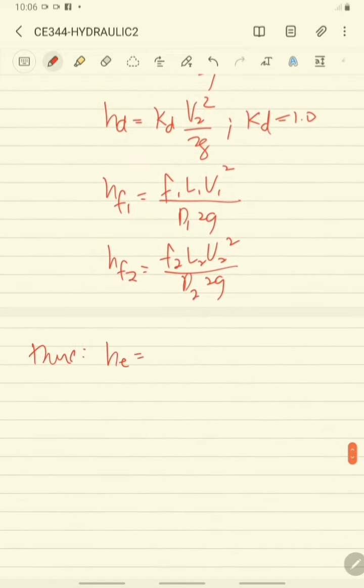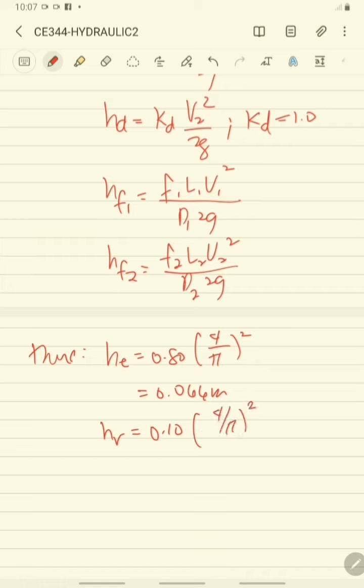So the head at the entrance is 0.80 times 4 over pi squared, so this is equal to 0.066 meters. Then HB, you have 0.10, times 4 over pi squared, divided by 2G.